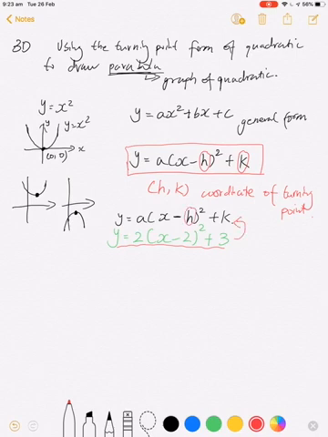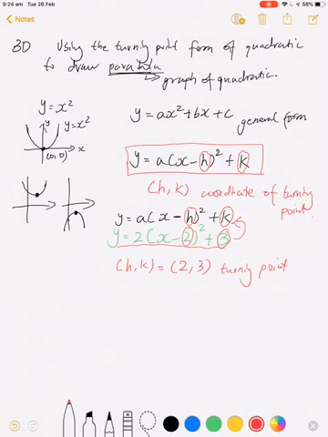So h is 2, and k is 3. That tells me (h, k) is (2, 3), which is my turning point. This is how you identify the turning point from the turning point form of a quadratic.